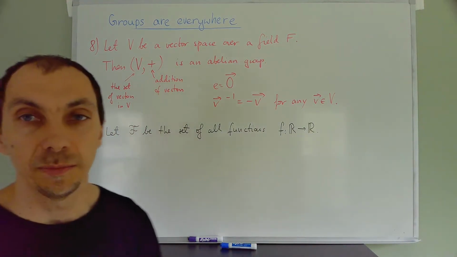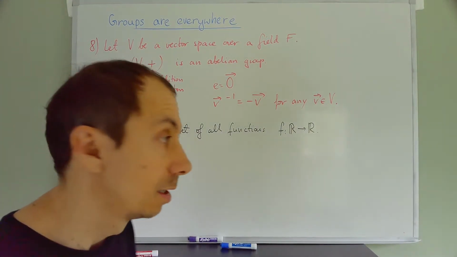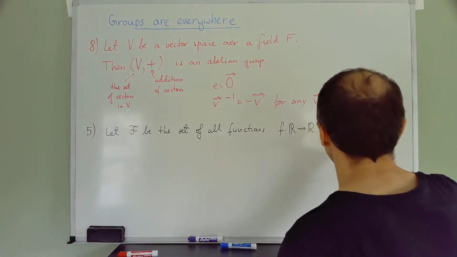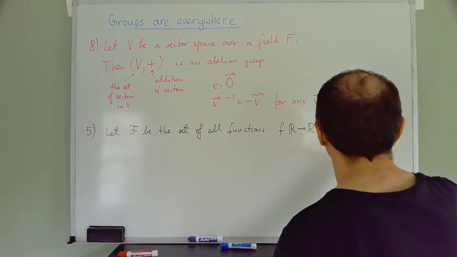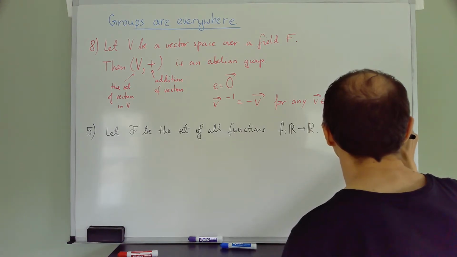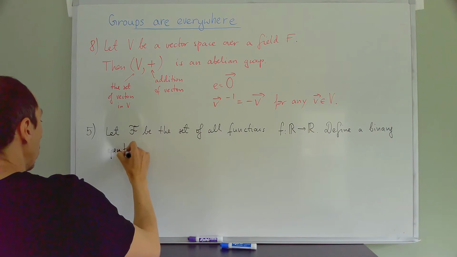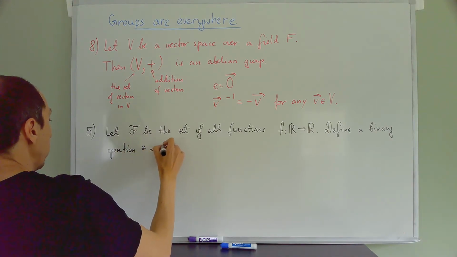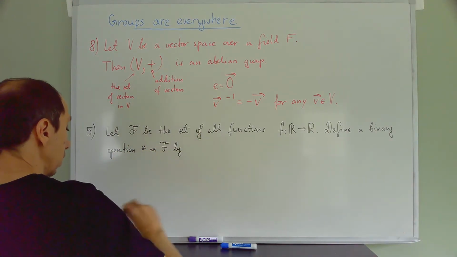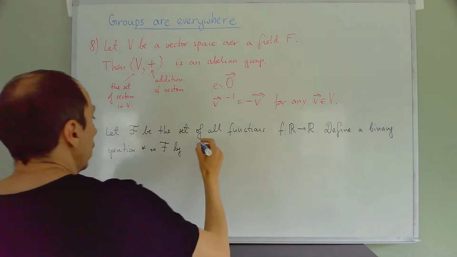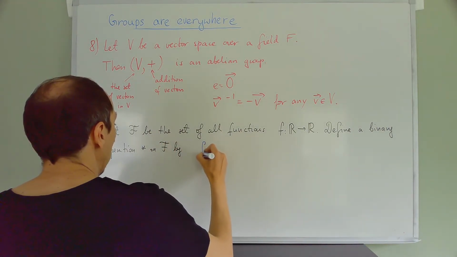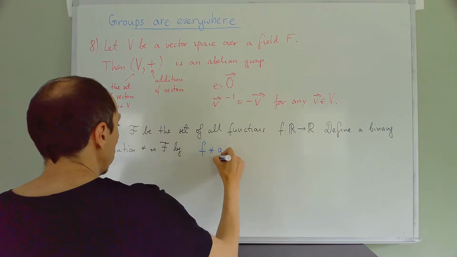So now I'm going to define a binary operation on this set. So define a binary operation star on F by f star g.